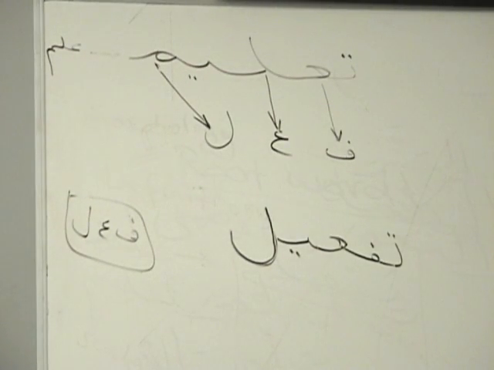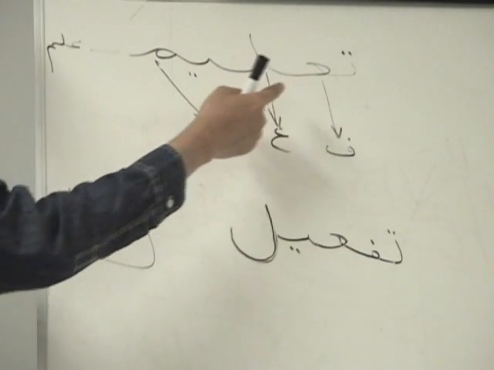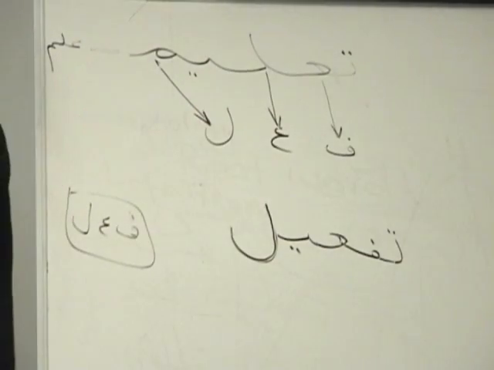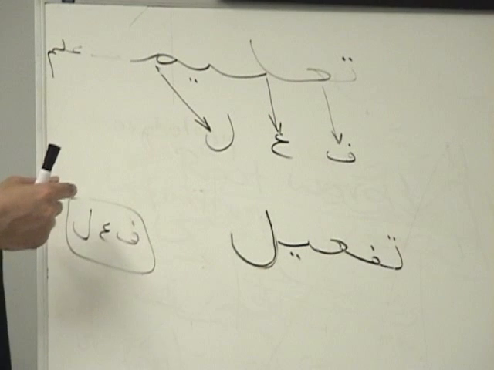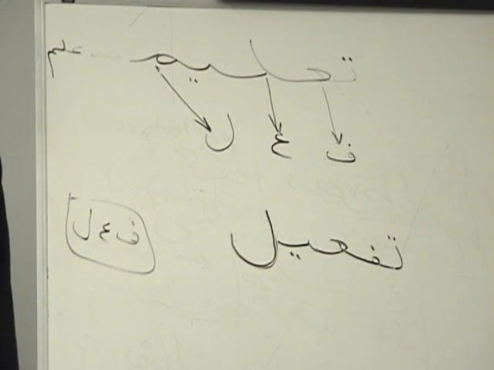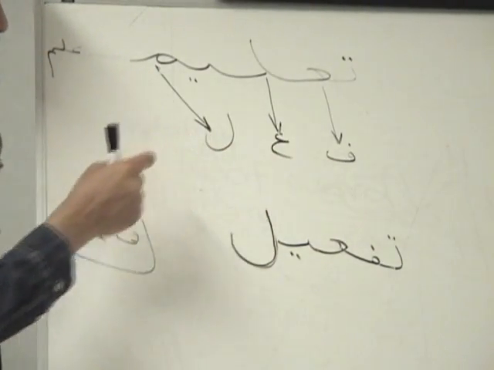You would know that later, inshallah. With the knowledge that we have right now, ta could as easily be an original letter, or ya could be an original letter. But for now, know that they use fa, ayn, and lam to scale words. That's what they do in the Arabic language.